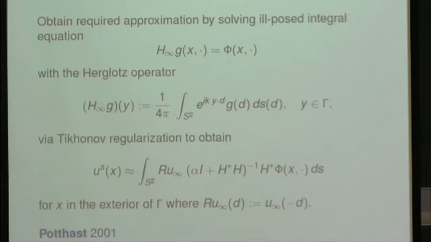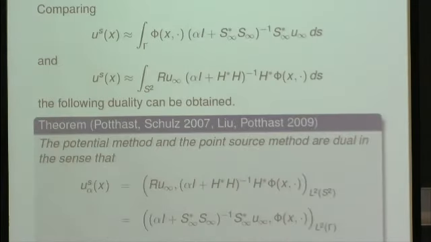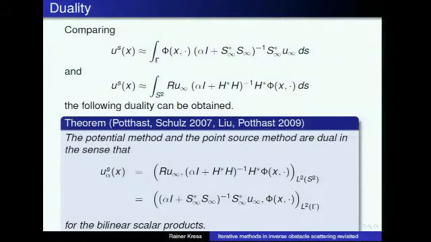And again, if you plug this into the back projection formula, we get this coming in, and R is a reflection operator on the unit sphere. And this is Potthast's point source method. I've written both up again here, and you can compare these. And the interesting thing is they are identical.